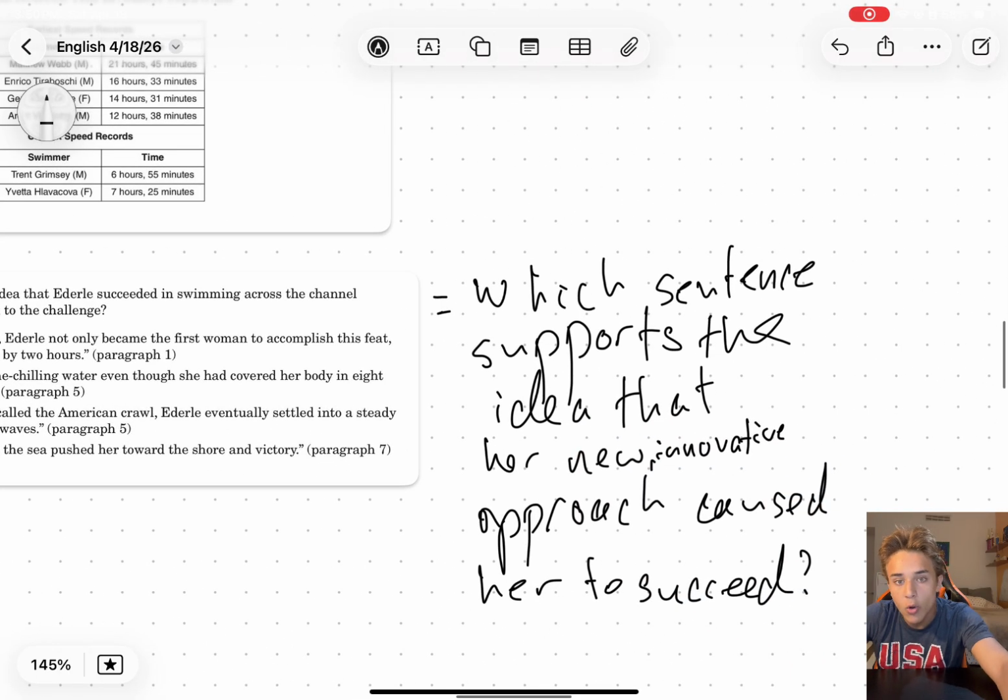So basically, we want to find the effect of her innovative approach. It's essentially the same as asking which sentence supports the idea that her new innovative approach caused her to succeed. That's the cause and effect that we're trying to analyze in this question.